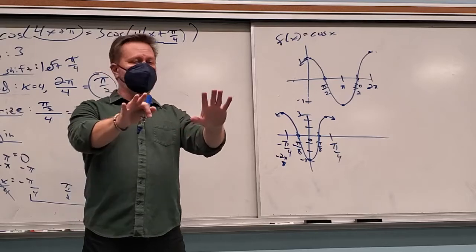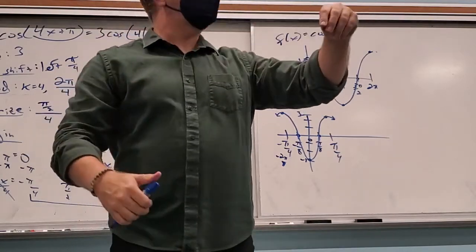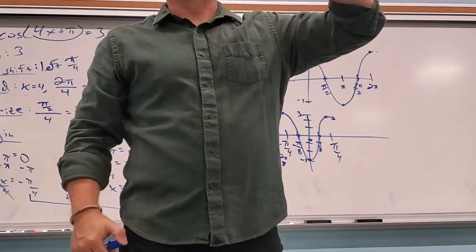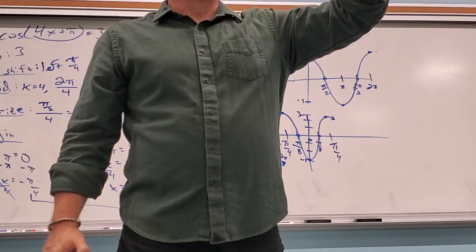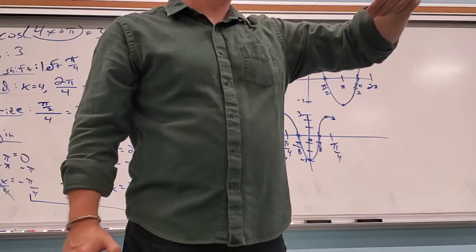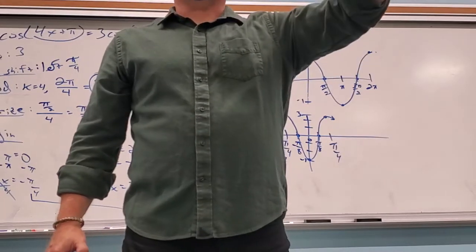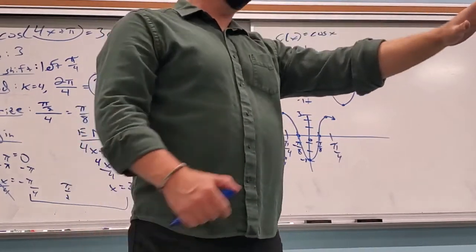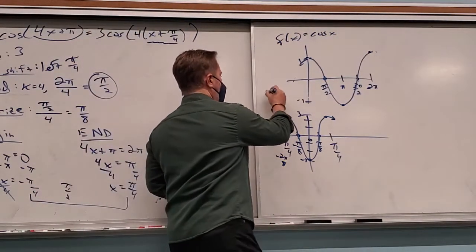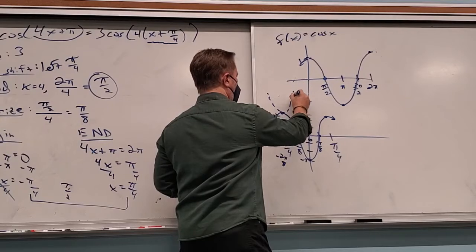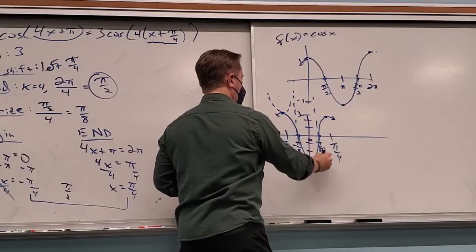Secant is how related to cosine? Secant x is 1 over cosine x, the reciprocal. Not inverse, be careful. Inverse has a different meaning. It's like the opposite function. So if it was secant, there would be a vertical asymptote wherever cosine is 0, right?